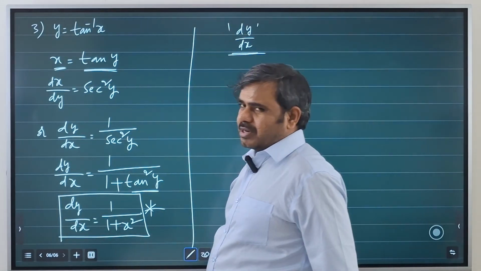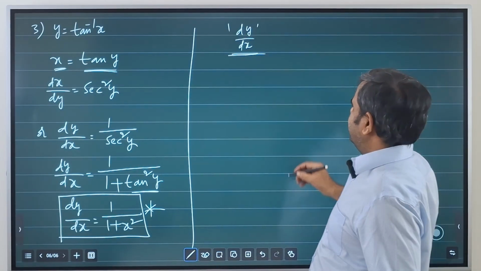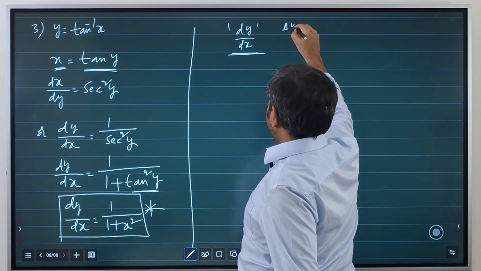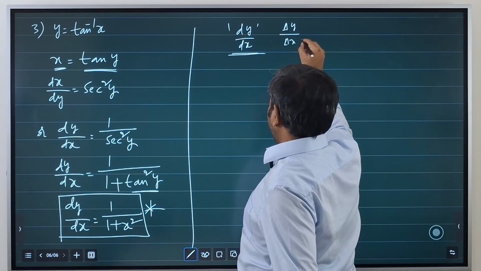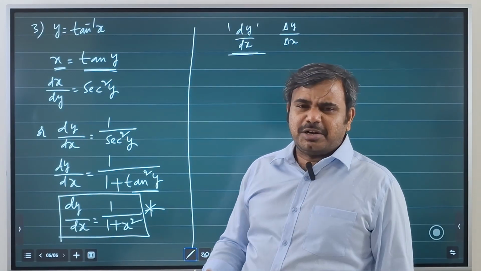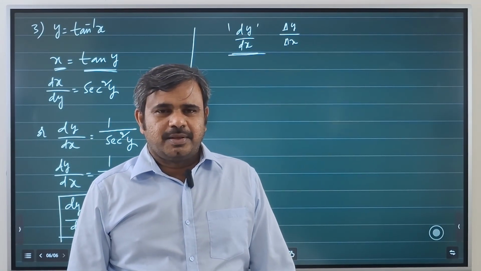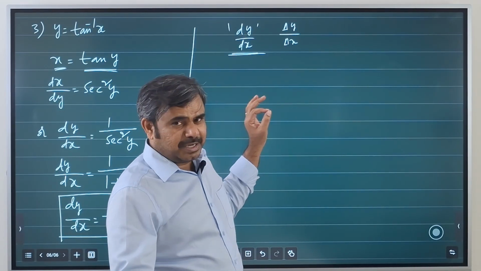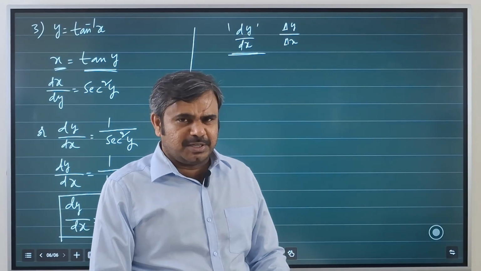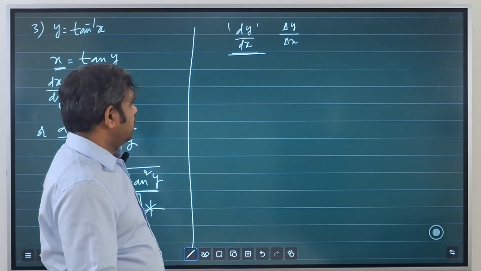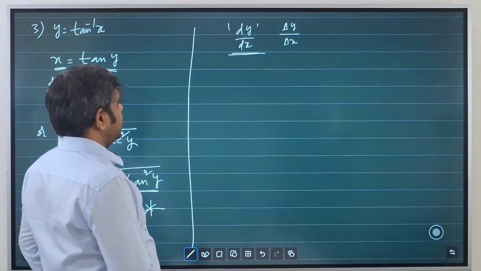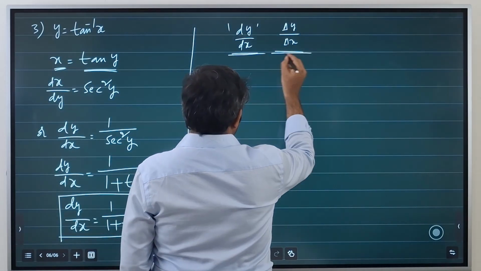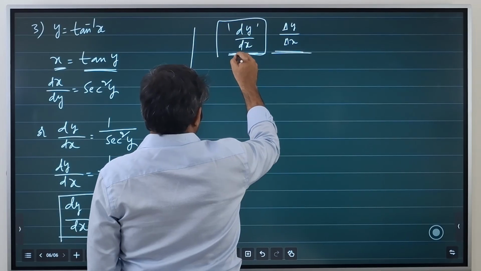We discussed what dy by dx means. We discussed how delta y by delta x and dy by dx are different from each other. Understanding the meaning of derivative, and why we do differentiation in physics, is very important. So we discussed the meaning of derivative of y with respect to x.